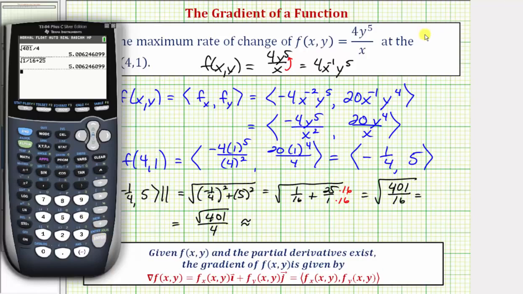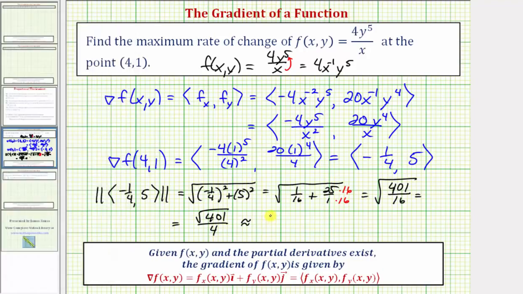So to 4 decimal places, this would be approximately 5.0062, which again is the maximum rate of change of f at the point 4 comma 1.